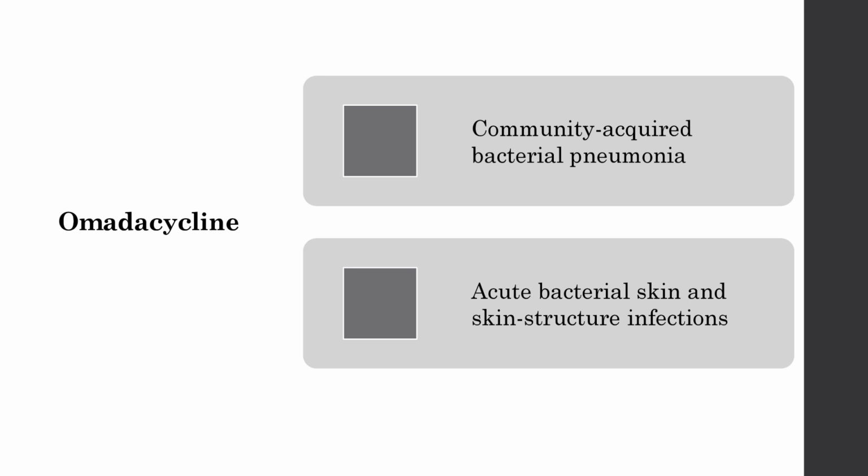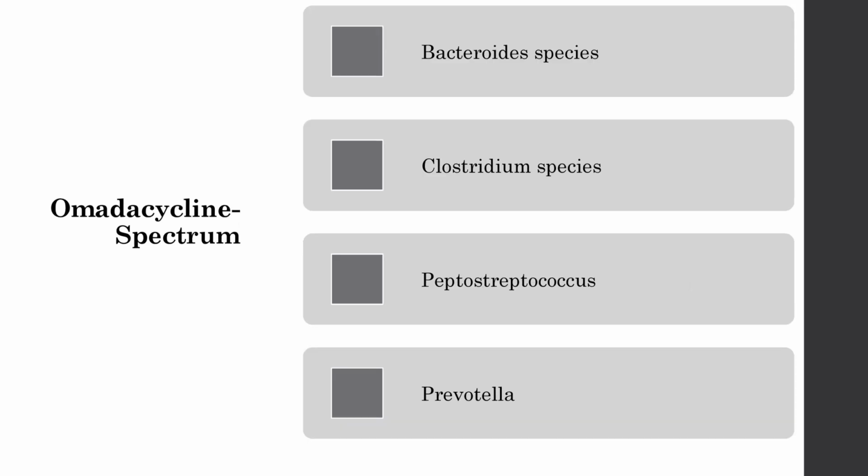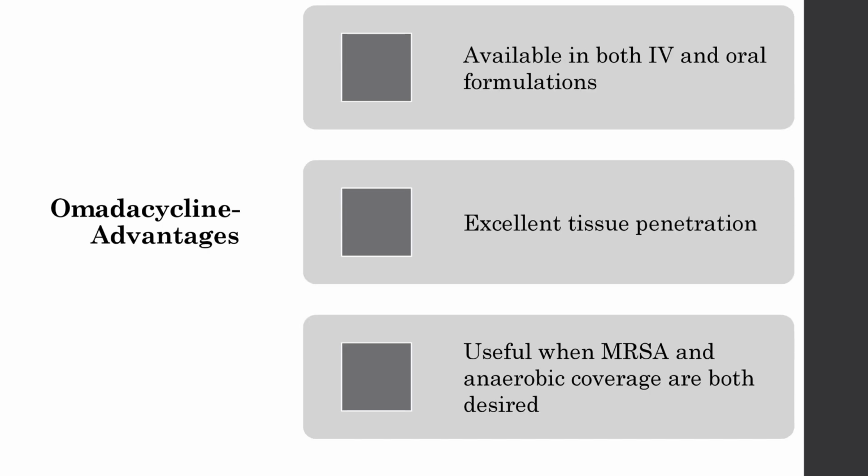Active against Bacteroides species, Clostridium species, Peptostreptococcus, and Prevotella. Advantages: available in both intravenous and oral formulations. Excellent tissue penetration, useful when MRSA and anaerobic coverage are both desired.